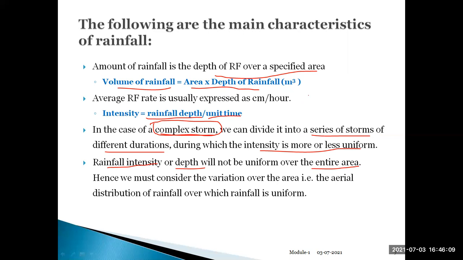It will vary from area to area. As we know, rainfall is non-uniform because it varies from place to place. Hence we consider the variation with respect to area, that is, the areal distribution of rainfall over which the rainfall is uniform. So we consider the areal variation also.